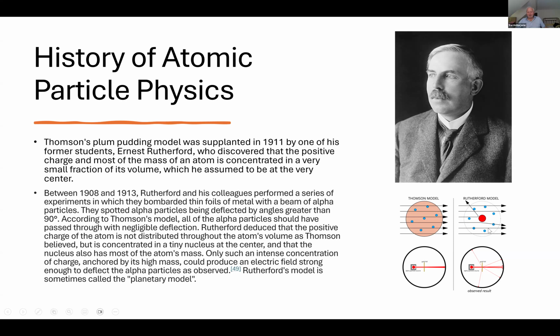So you can see that while these might be rare, they did occur, and that suggested that the atom that you're dealing with has the positive charge in a very small nucleus, and the nucleus has most of the atom's mass, and the charge is running around it in a fog.